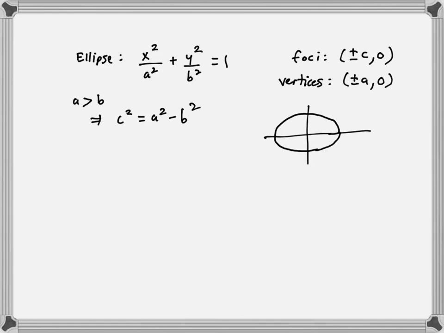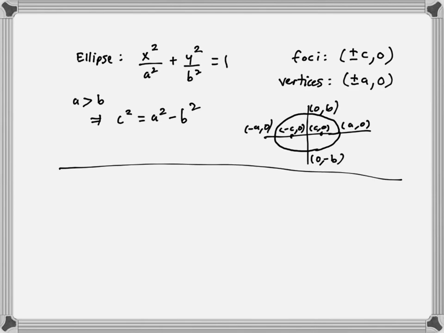There's your ellipse, and this is a, 0. This is negative a, 0, this is 0, b, this is 0, negative b, and your foci are somewhere inside this thing. So this would be c, 0, this would be negative c, 0. Okay, so this is your ellipse.